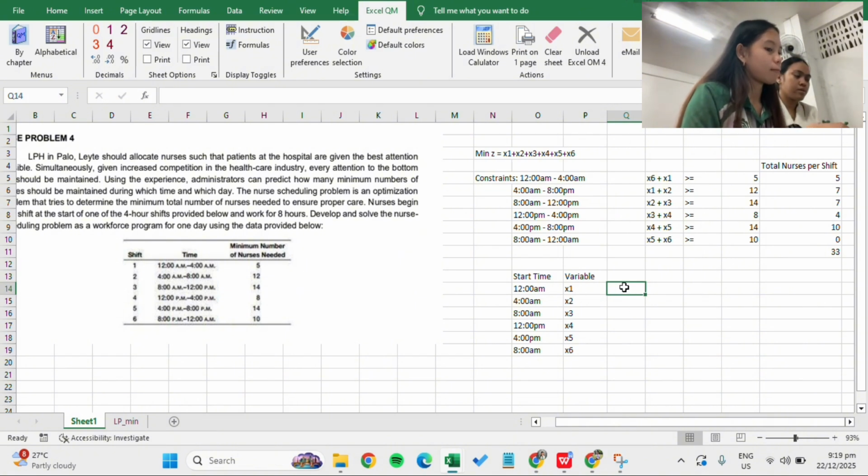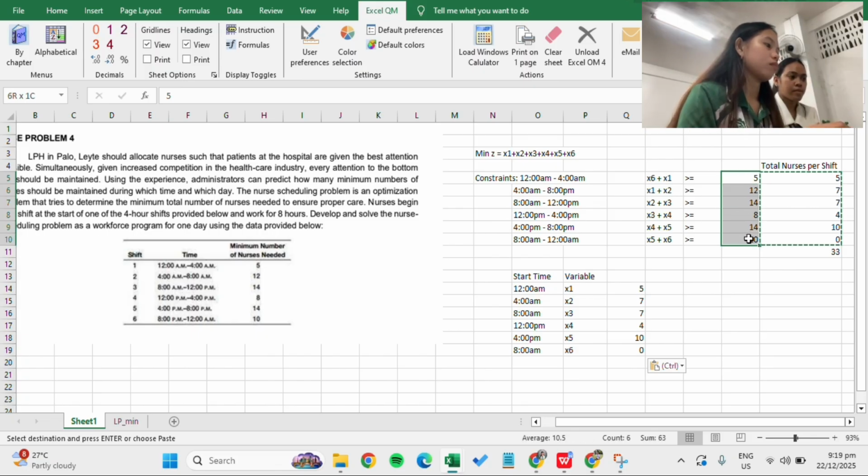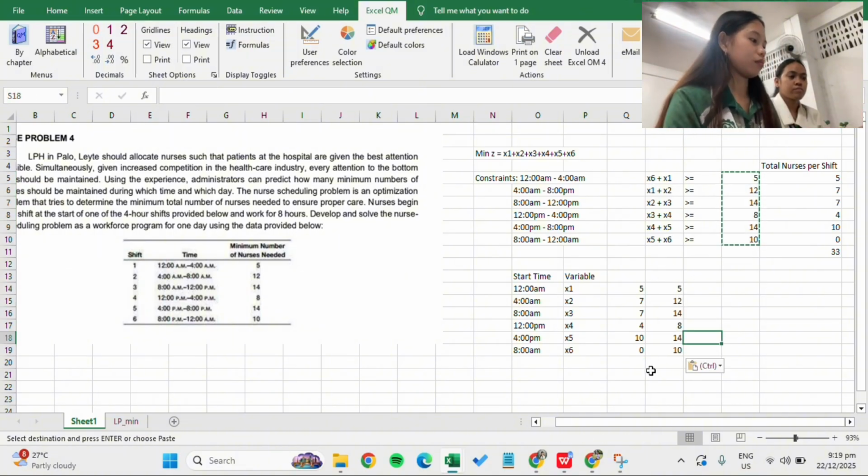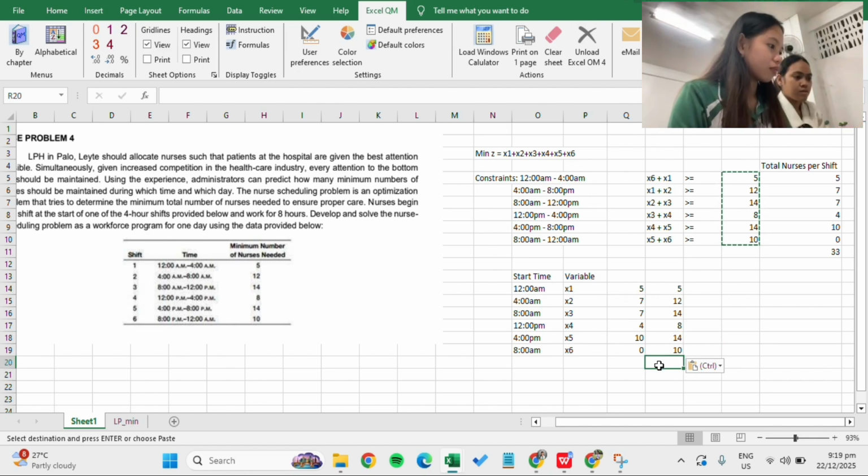Copy. And then add down the X1 to X6. Sum formula equals.